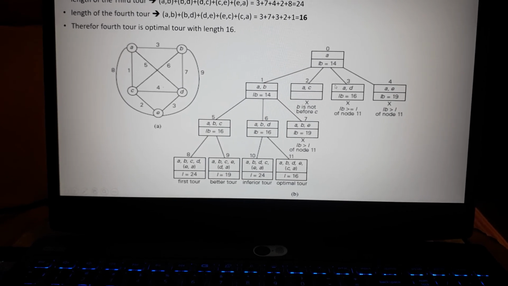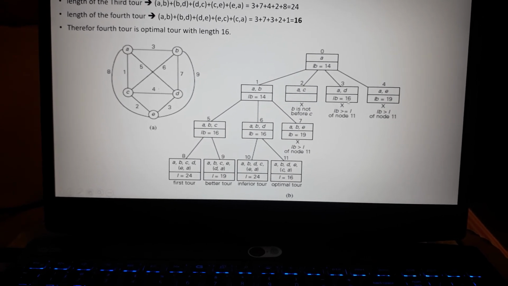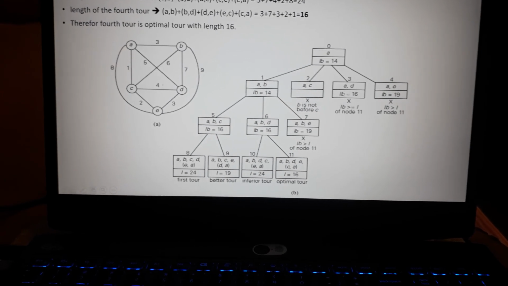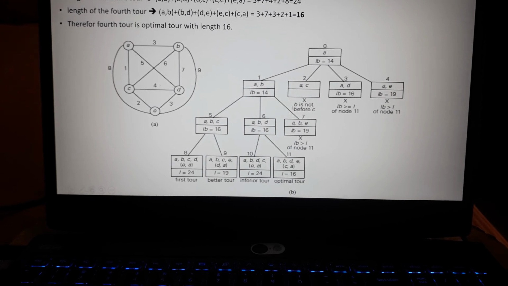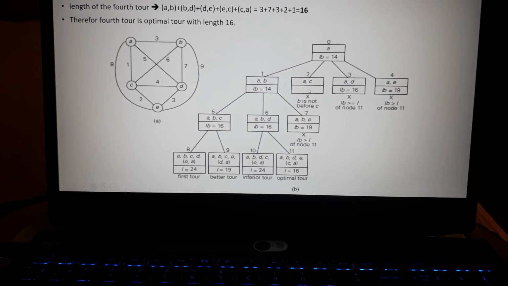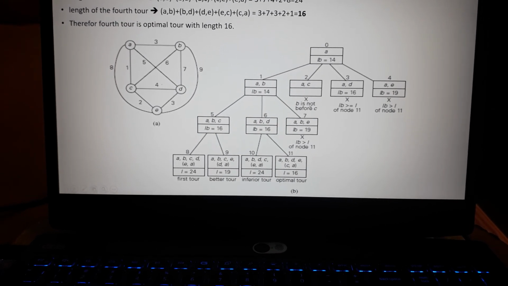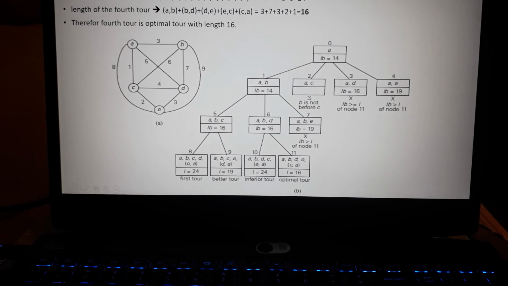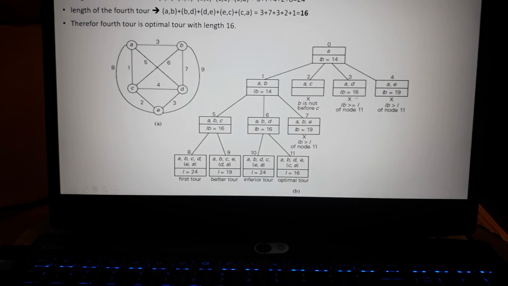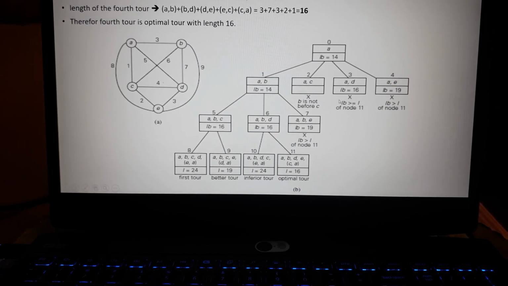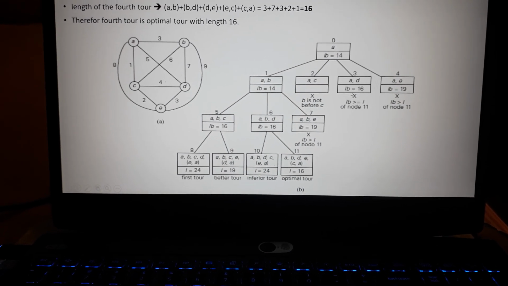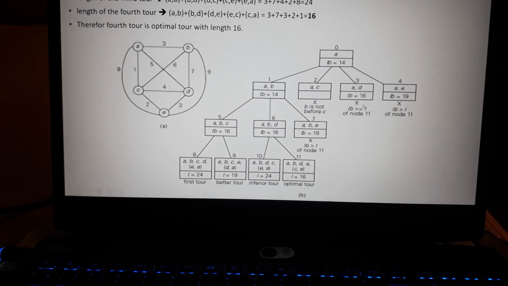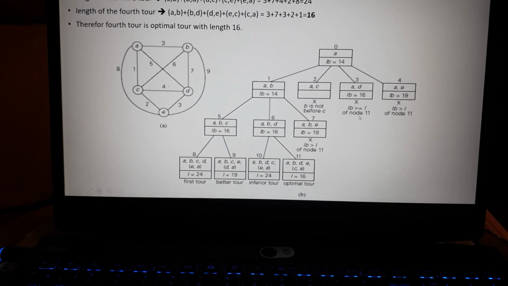Now we will come back to the root level and we will check its children which are still active. So here the edge AC, by fixing the edge AC, which is not considered because B is not before C, we will make it a dead node, and we will move to the third node where AD is fixed, and in this the lower bound is equal to 16, which is once again greater than or equal to the node 11.